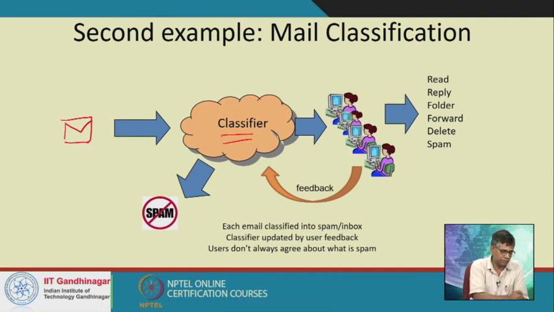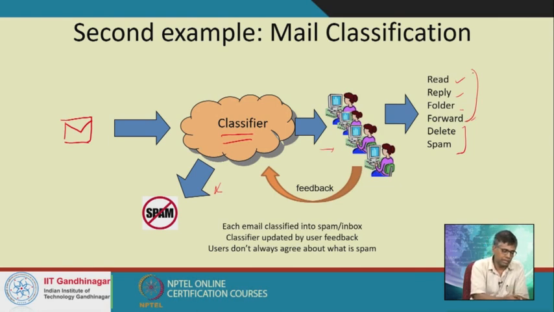Based on their decision, these classifiers put the mail in the inbox or in the spam box. And now the classifier also gets feedback from the users, so the user can read, reply, forward, or delete the mail, or mark it as spam.